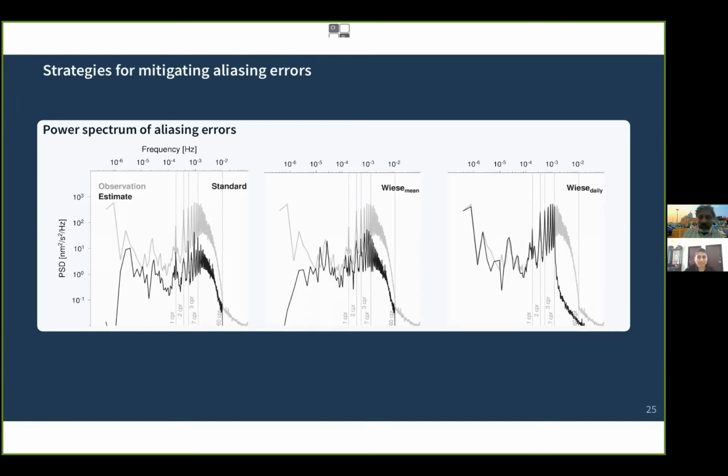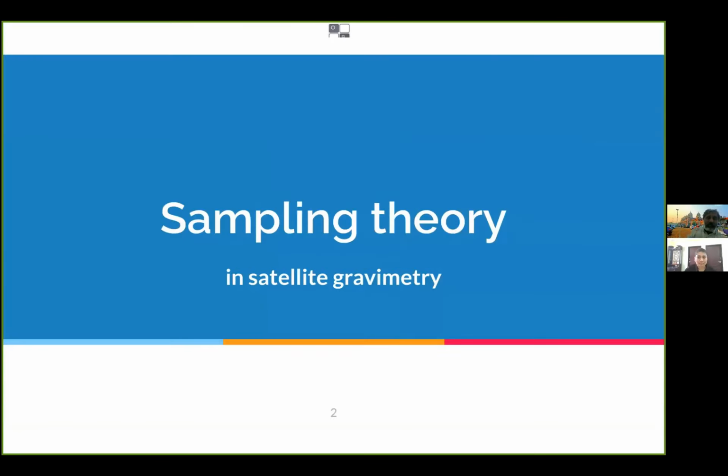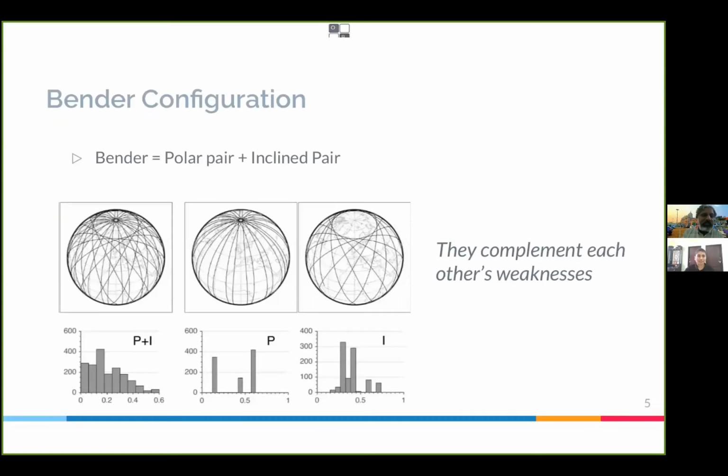This is also something that I do, and again, with the heritage of signal processing, we also do sampling theorem. This is an ongoing project, where we try to understand how the orbit of a satellite, its ground track, samples the Earth, and how that affects our information content.